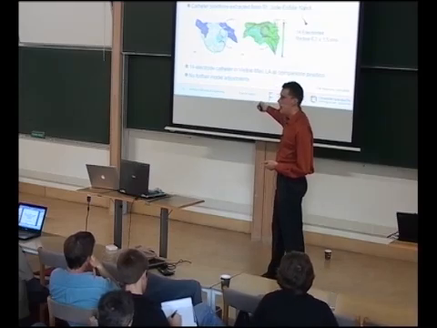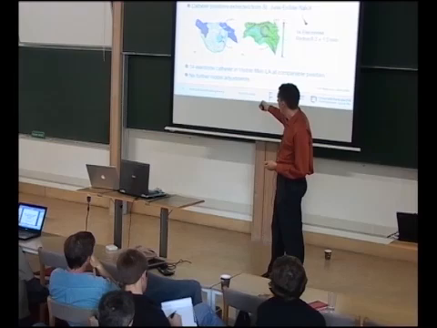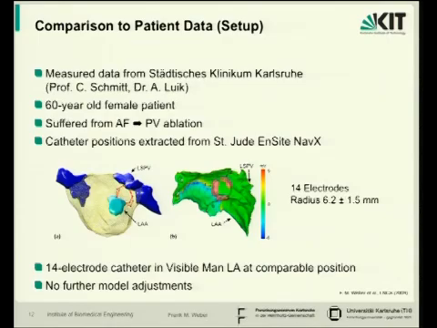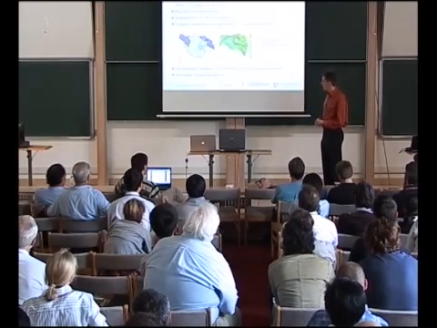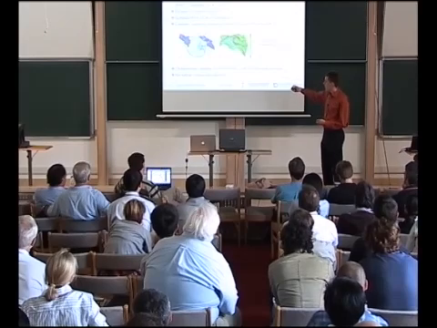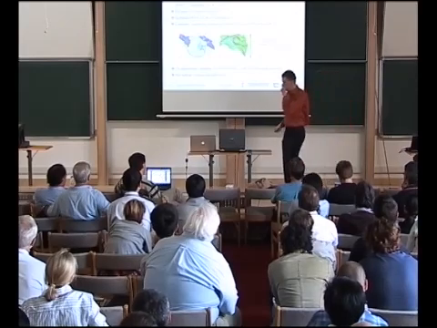And now from the clinic, we got the ECGs, and also from the NAVX system, this mapping data. And here in red, you can see the catheter. The black dots are the electrodes, so you see it's overlapping. And now we just took the visible man atrium and created a similar catheter here, close to the left atrial appendage, which you can see here in the mapping data.